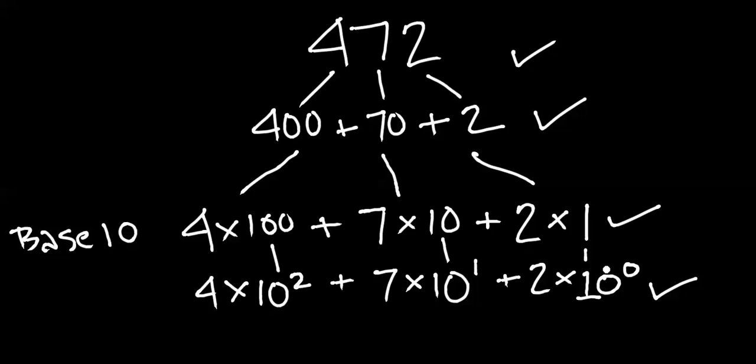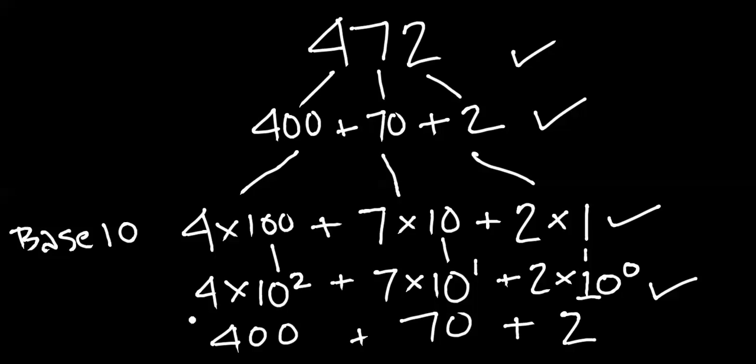We're going to show you another example of this in just a couple minutes. So we have 400 plus 70 plus 2. And if you're uncertain about something like this, 10 squared equals 10 times 10.